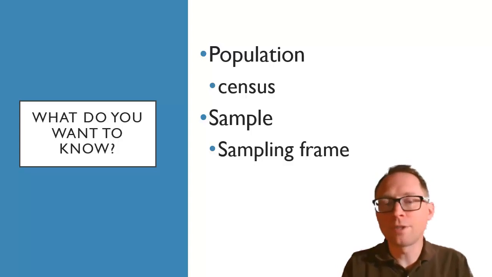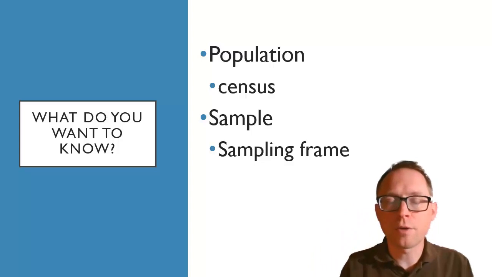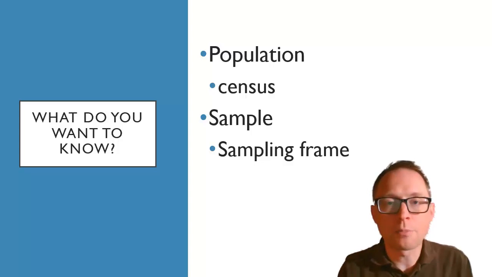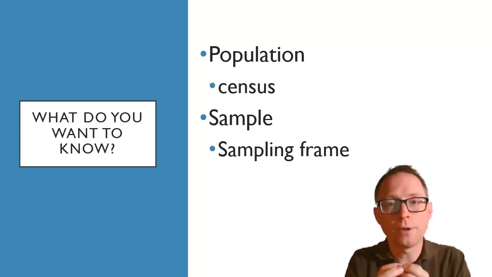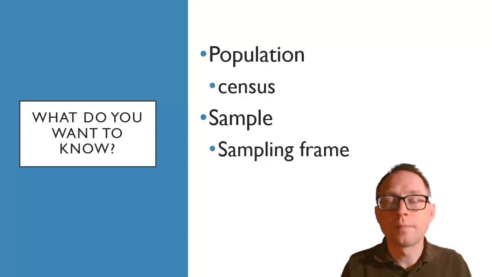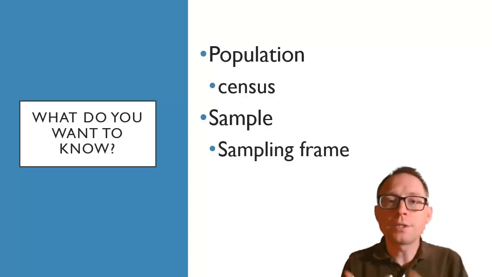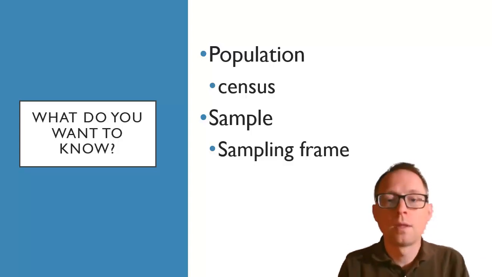Well, I don't have the time, money, or resources to go out and measure every person in the state of Colorado to see if the ones who wear glasses are more attractive. I don't have that opportunity. So what do I do? I take some of the people in Colorado to be in my study. I sample from the population. The people that you get to be in your study, that is a sample.